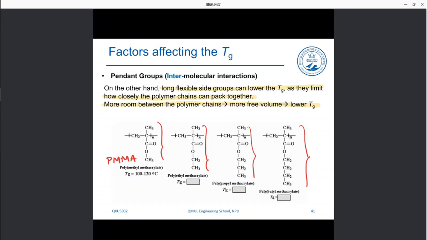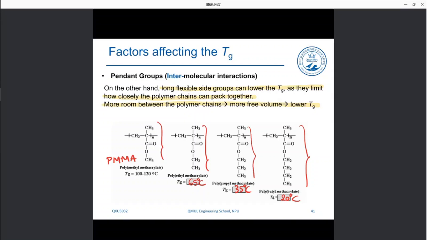By adding just one methyl group to PMMA, it makes polyethyl methacrylate, and polyethyl methacrylate has a glass transition of 65 Celsius degrees, which is 40 to 50 to 60 degrees difference compared to the previous material. Just adding one more methyl group reduces it by 30, 35 degrees, and then just adding one more, again, we can reach a glass transition of 20.